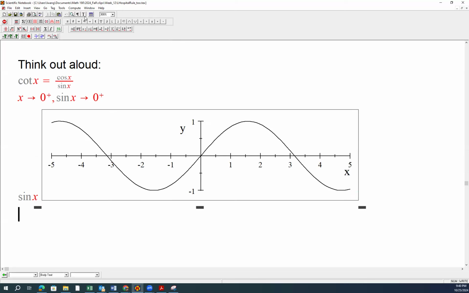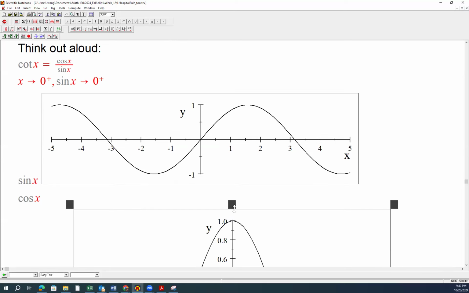And the curve for cosine x. There we go.